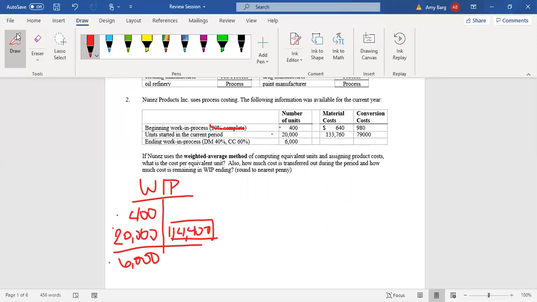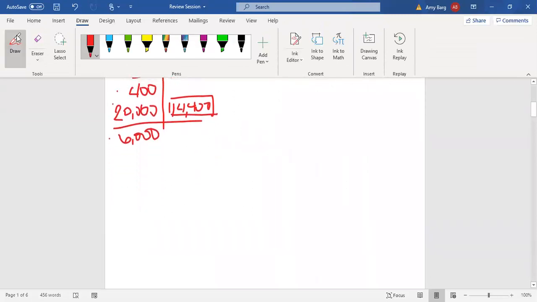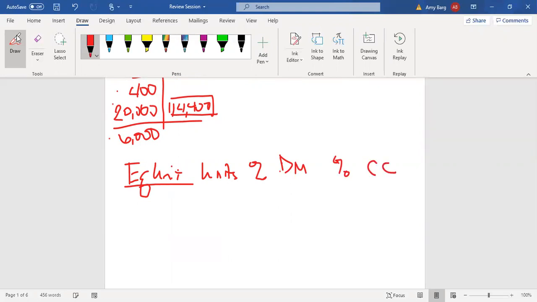So now we need the equivalent units. So for equivalent units, we need to set up this table. I hope you guys remember this table, right? We have the equivalent unit table. So we need the units, the percent that's done, direct materials, the percentage again, and conversion costs.